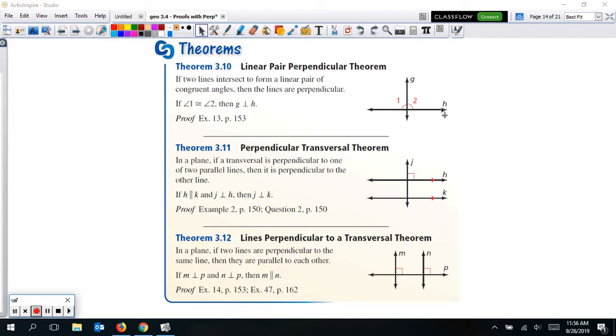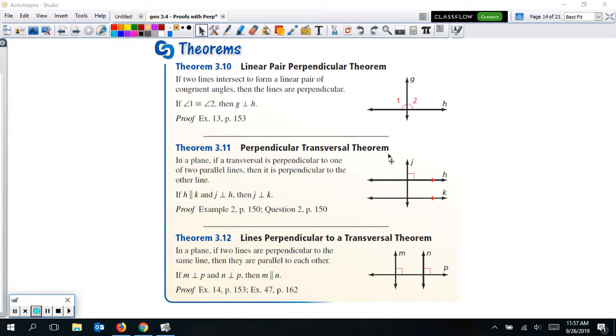Linear for a line right there. And basically this is saying if 2 lines intersect to form a linear pair of congruent angles, then the lines are perpendicular. So if your 1 and 2 are congruent, they're exactly the same. That means they're both 90 degrees. That means that this line right here, this G line, has got to be perpendicular then to H. So it's saying here if angle 1 is congruent to angle 2, then we can conclude that G has got to be perpendicular to H.